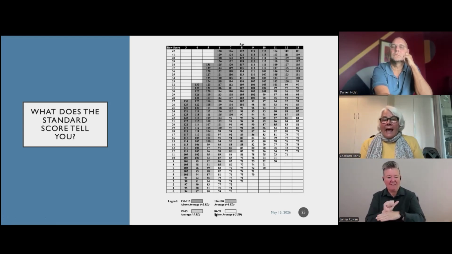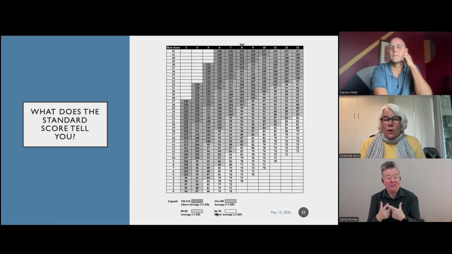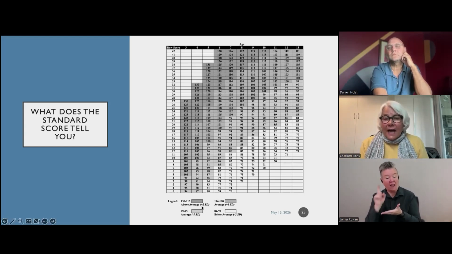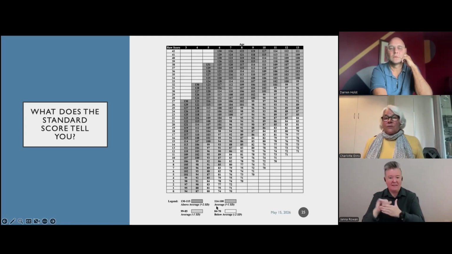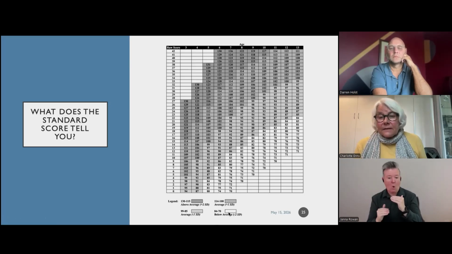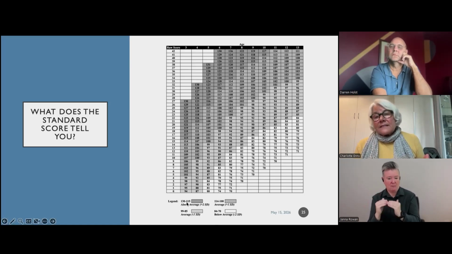Okay. And then if you get a score that falls outside of those, below 84 is below average, and above 115 is above average. If you get a score that's below 70, more than two standard deviations below the mean, that's an extremely delayed score, okay?